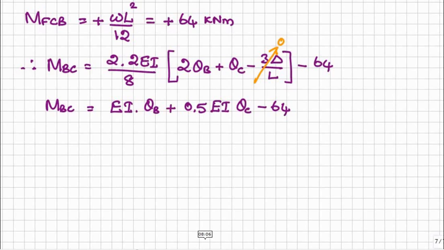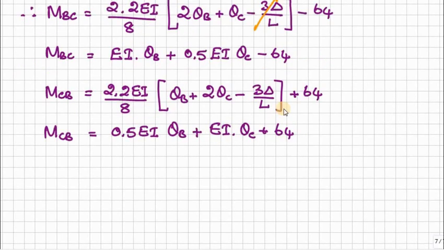Therefore, the slope deflection equation becomes MBC is equal to, remember, 2 times 2EI by L into theta B plus theta C, which is EI into theta B plus 0.5 EI theta C minus 64. Similarly, MCB is equal to 0.5 EI theta B plus EI into theta C plus 64. So these are the slope deflection equations for member BC.